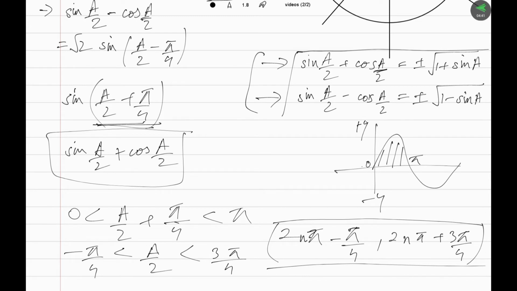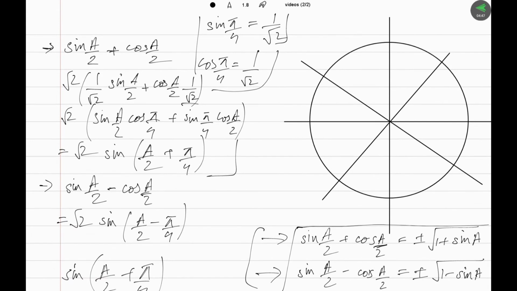So this is the region of minus pi over 4 to 3 pi over 4. Let's mark it on the unit circle. Minus pi over 4 is this region, and 3 pi over 4 will be this region.